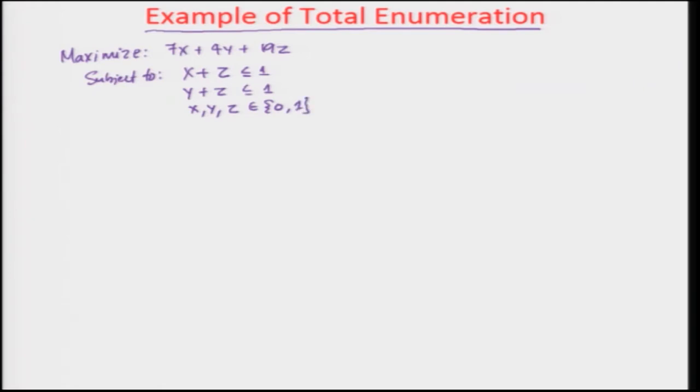So, these are the coefficients of the variables, this is the objective function, and these are your constraints.